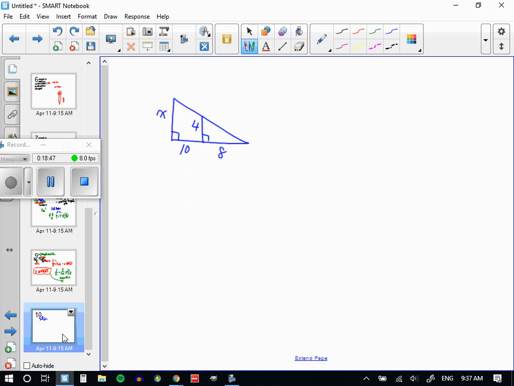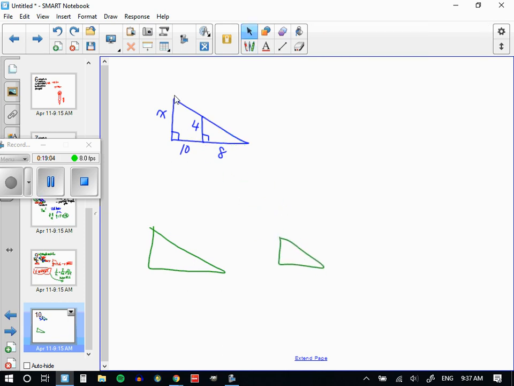And the last question gives you this, and you can be guaranteed this will appear on your test. So really, what we have here is this green triangle, which I'm going to redraw, and then this smaller one that I'm going to bring down. We know that both of them have 90-degree angles, and both of them share this angle right here.